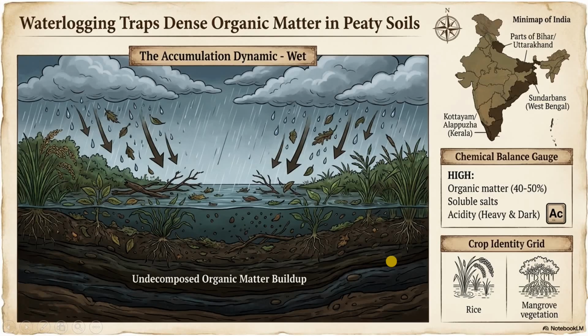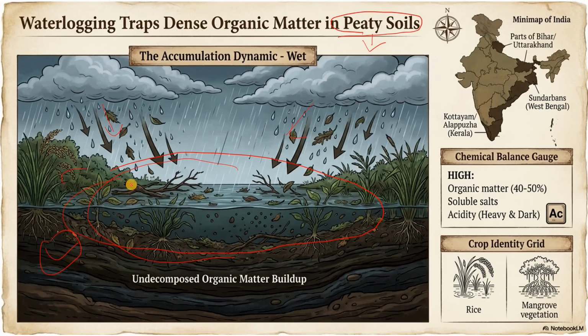Okay, now coming to the next soil, that is the peaty soil. Peaty comes from the word peat, which is high in organic matter. So how is this soil formed? It is formed because of the accumulation of water from the rainfall. When there is rainfall, the soil will be saturated with water for a long period of time.